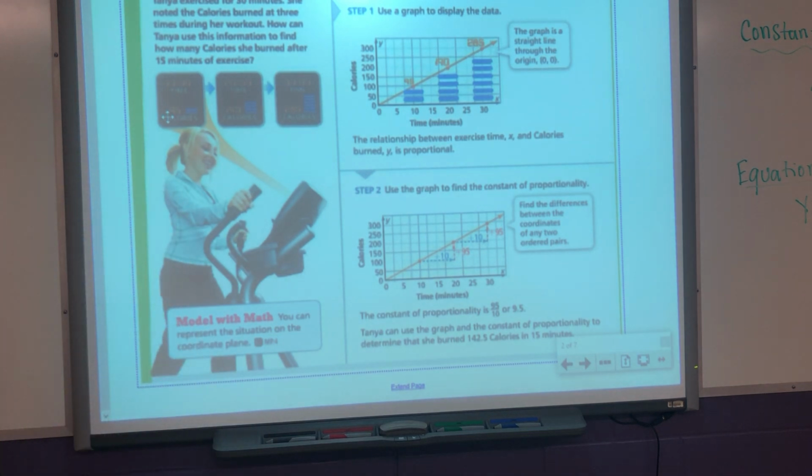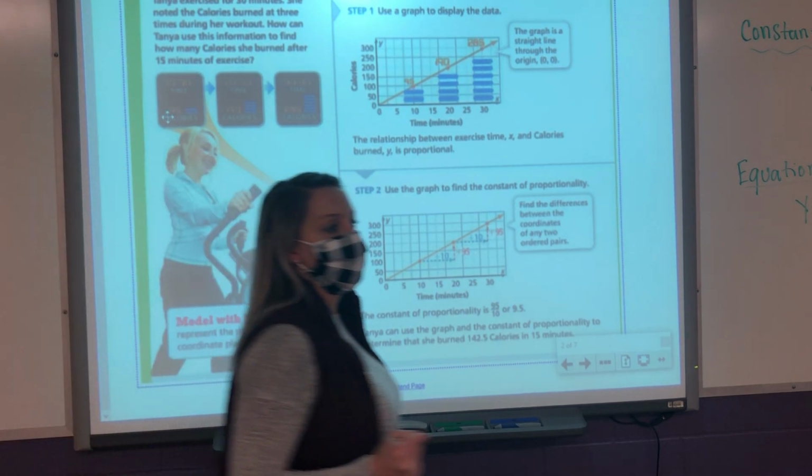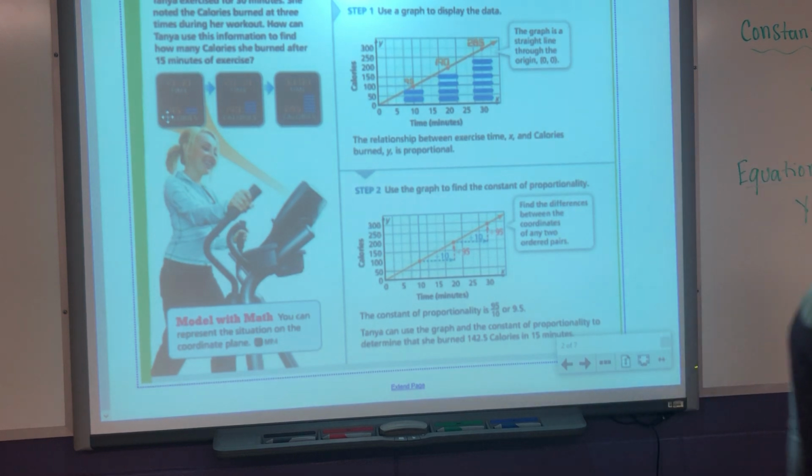Is this a proportional relationship? Yes. How could you test if it's a proportional relationship? If it goes through the origin and it's a straight line. Okay, is it a straight line? Does it go through the origin? So is it proportional? Yes.